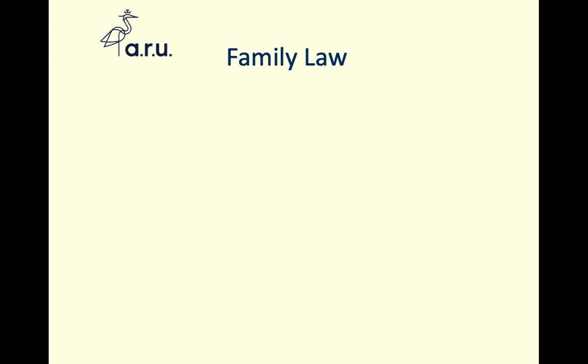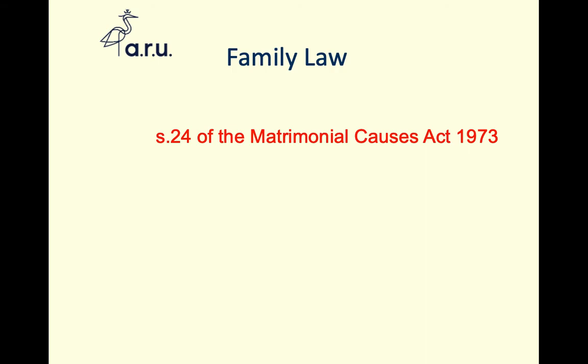Another area of interest would be family law. So in family law, we'd use different legislation and provisions. Instead of section 14 and section 15, section 24 of the Matrimonial Causes Act 1973 would come into effect where the parties are married, and section 25 as well.